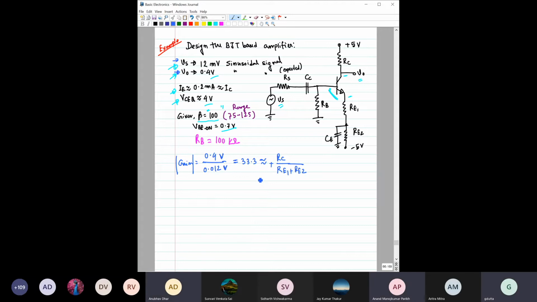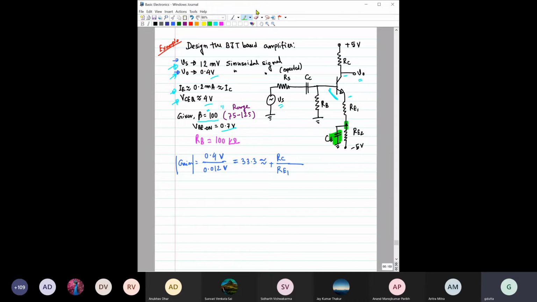Yes, because in AC analysis, CE will be shorted. Very good. It should be RE1 because CE is connected in parallel with this RE. During AC analysis, CE is shorted, so this node is actually grounded, and you only get the effect of RE1.